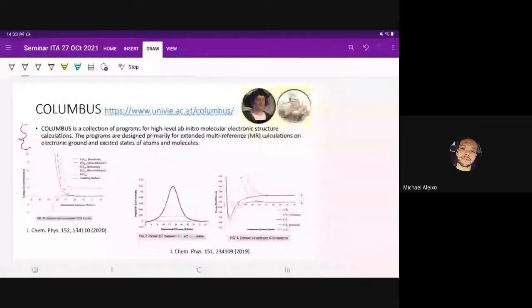I use a special copy, and I'll talk to you more about why, that I use in the United States on the Defense Supercomputing Resource Center. But this is something that everyone can use. And when Professor Lischka comes next week, I believe he will be talking about Columbus. I think he normally does. And so you could learn more about Columbus through his mini course.